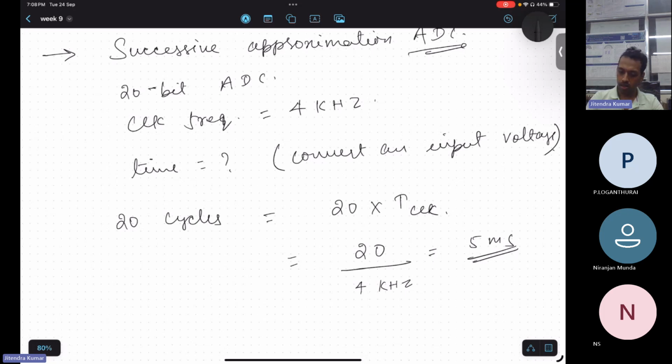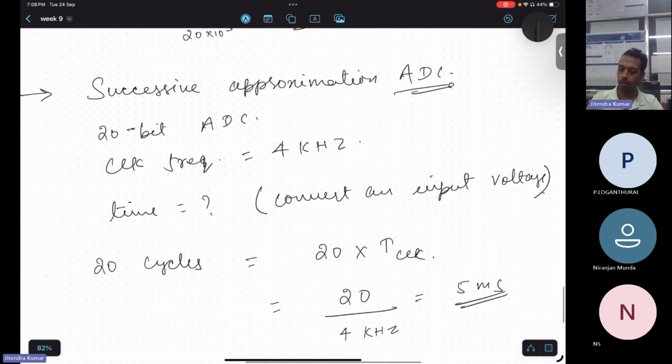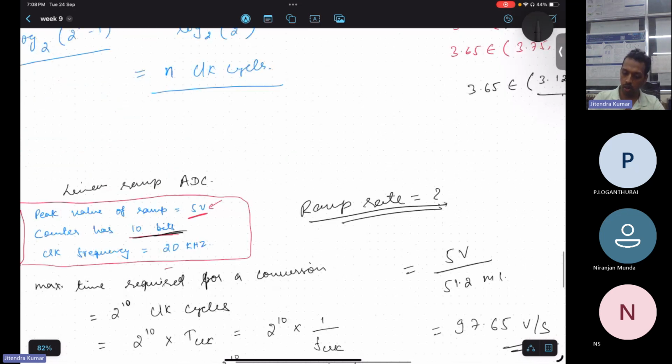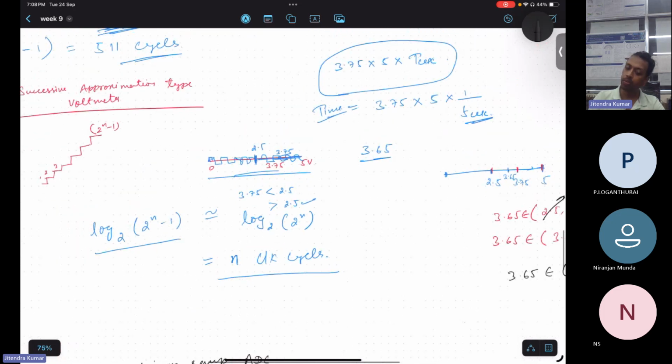Okay, so let me repeat it. Since the successive approximation type ADC has 20 bits, and just now I discussed that for an n bit successive approximation type ADC, we will require n clock cycles. Why? Because it is doing a binary search algorithm.